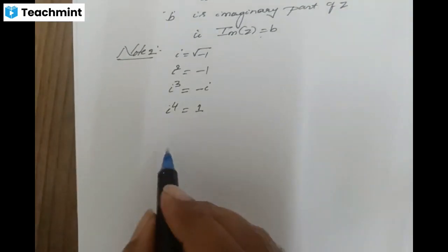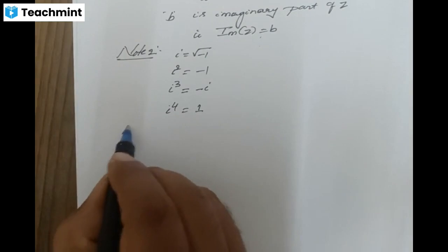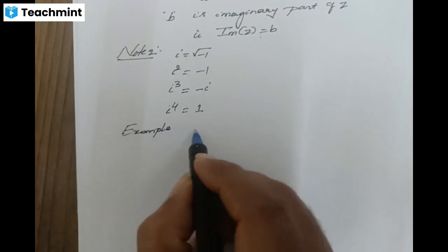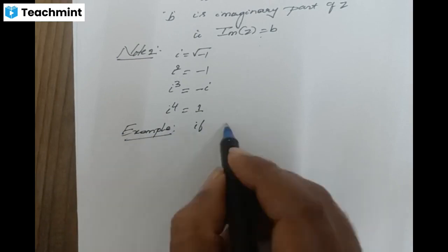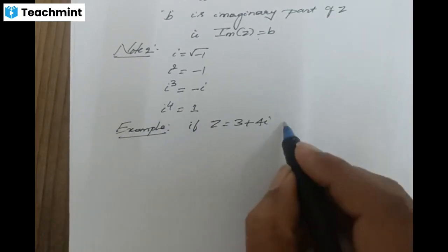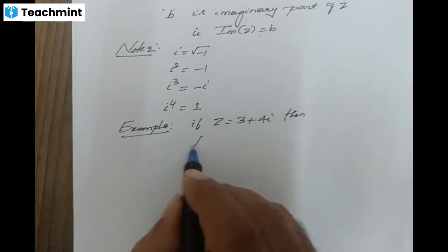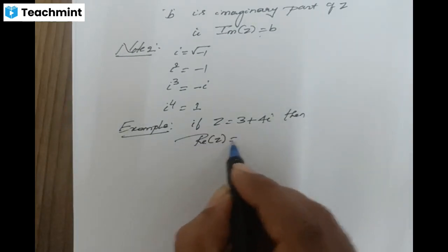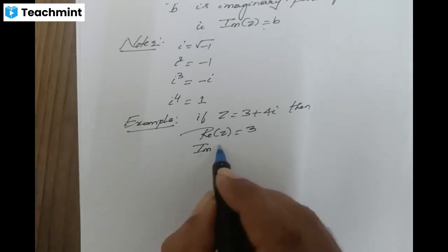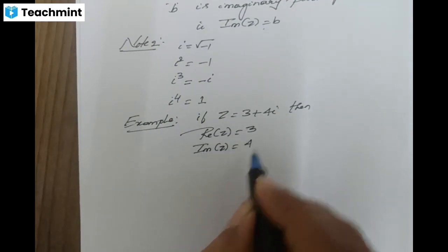Next I will take an example. If z is equal to 3 plus 4i, then real part of z is 3 and imaginary part of z is 4.